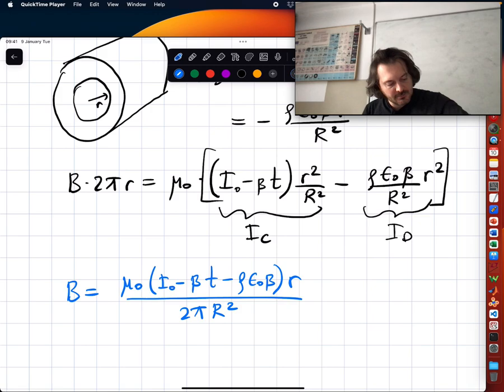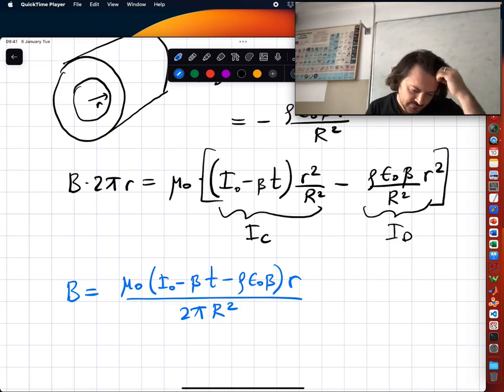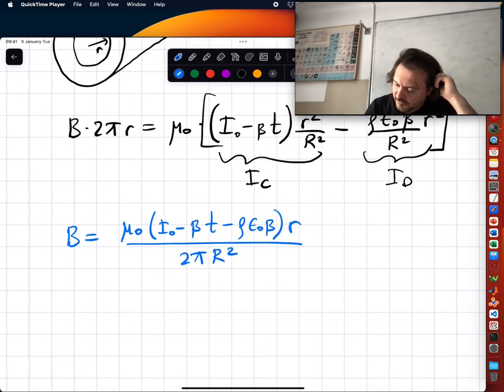Outside, it's the same story. Just replace r's with R's.